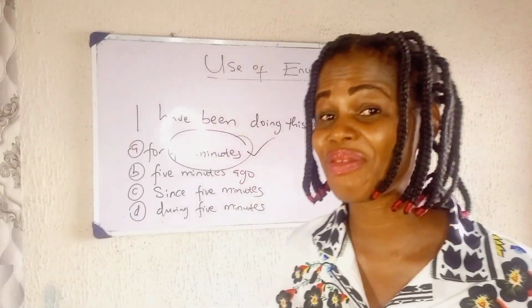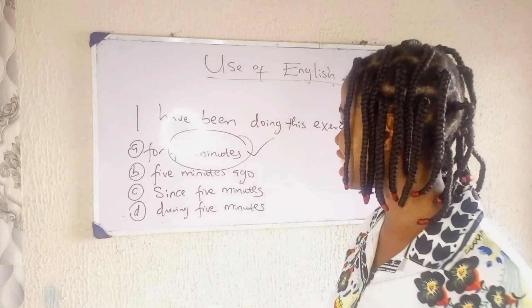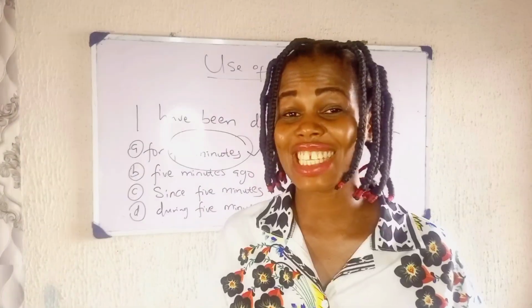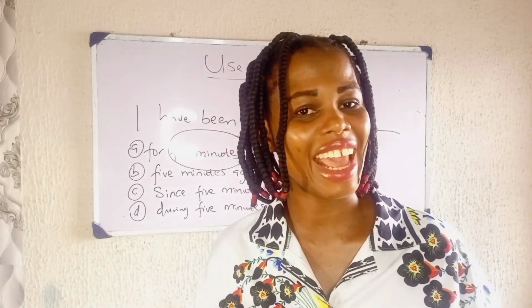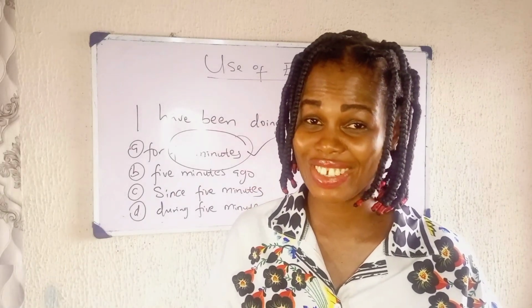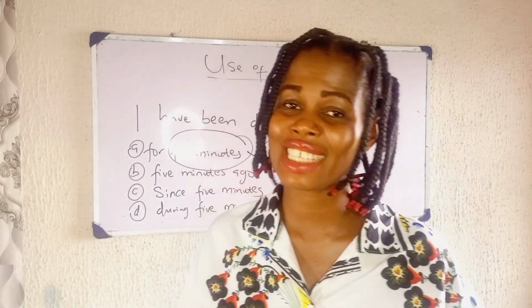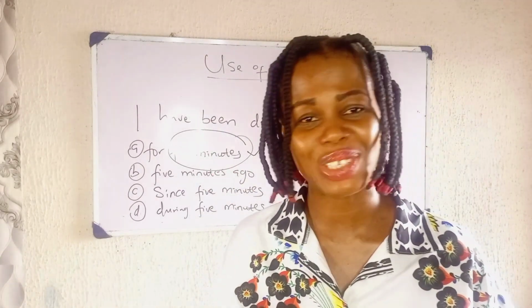So that is how to use for and since in a sentence. For tells you for how long, while since tells you when, at what point.